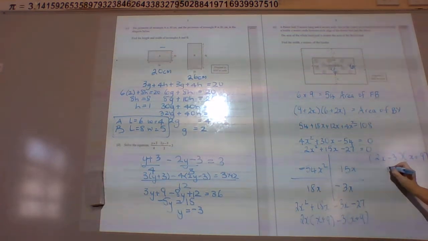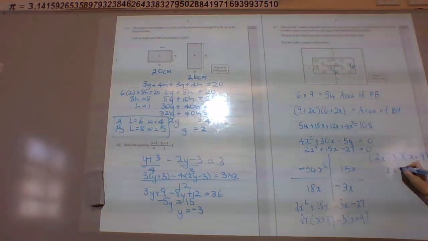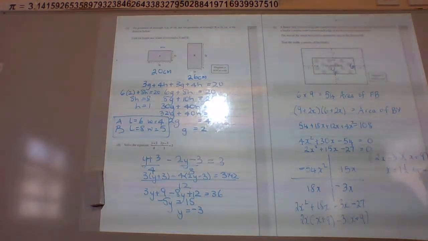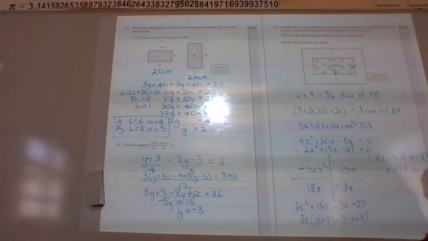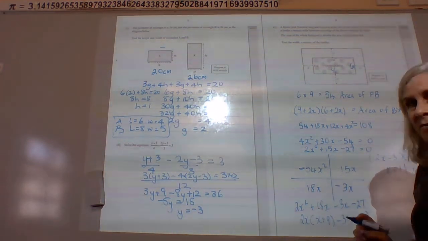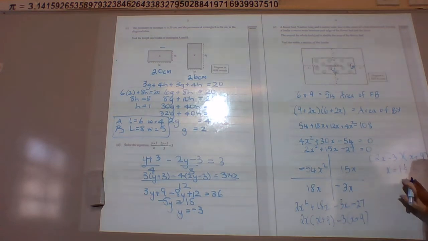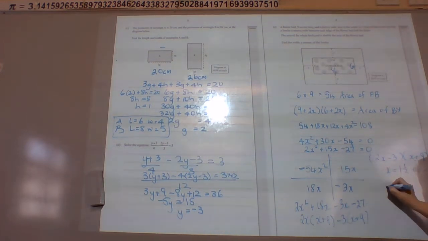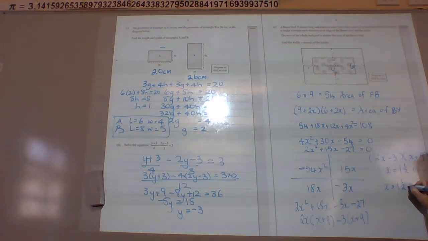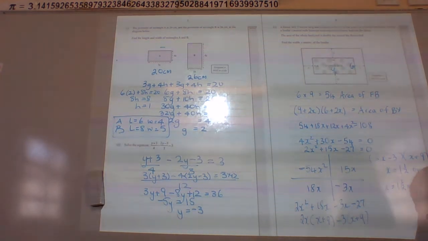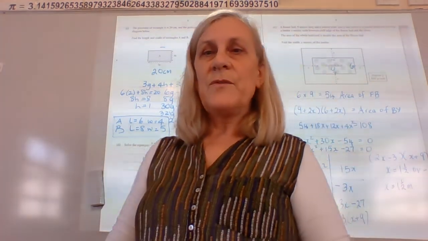So my two answers are going to be 3 over 2, 1.5, or negative 9. Well, we don't have very many negative 9 measurements in the world, so it's 1.5, that's our answer. So it's 1.5 metres. X equals 1.5 metres because negative 9 is not sensible. All right, so if you've written all of that down, you're going to get a fantastic mark for question 1.